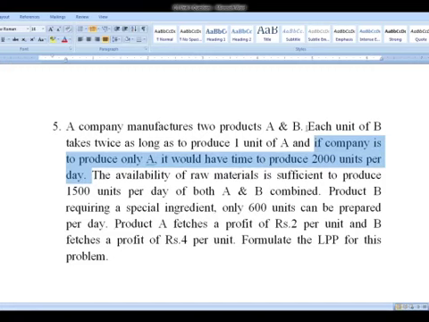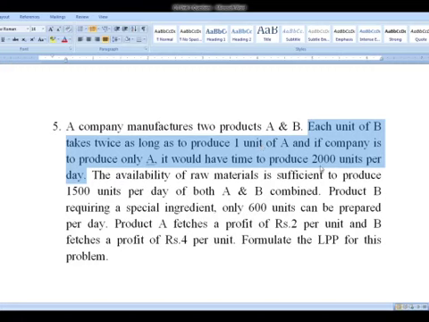It's a time constraint wherein B takes twice as long as A. If A takes 1 minute, then B takes 2 minutes. If A takes 1 hour, B takes 2 hours. So if the company is to produce only A, then it would have 2000 units.